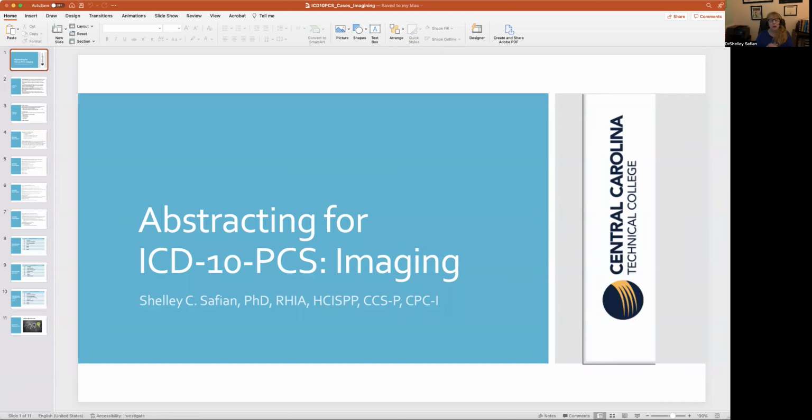We are going to talk about abstracting for imaging services using ICD-10 PCS. As you probably know, virtually all hospitals have imaging centers right in there. Remember, ICD-10 PCS is only used for services provided by the hospital, their imaging department, to patients who are inpatients admitted into the hospital.